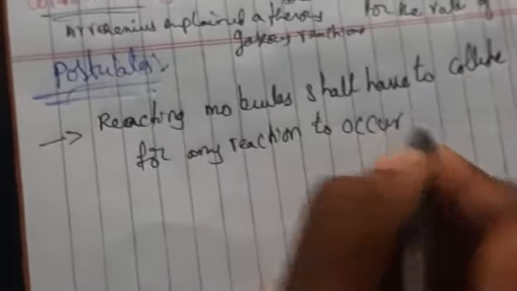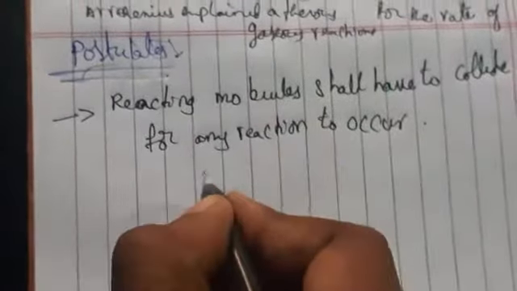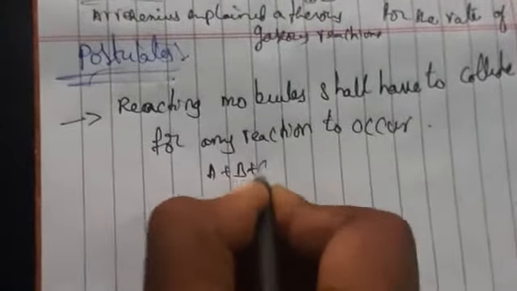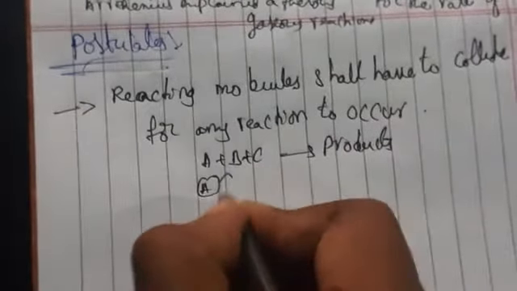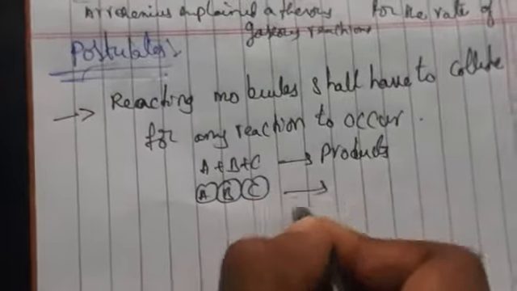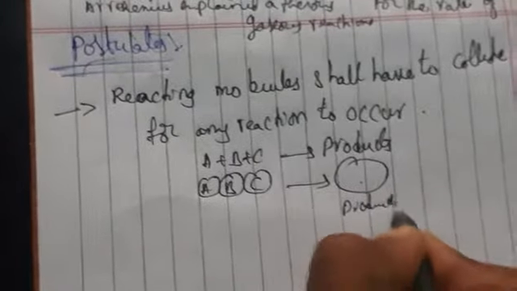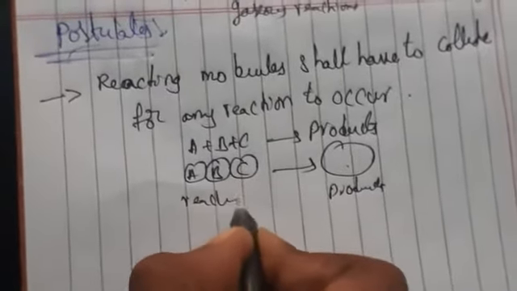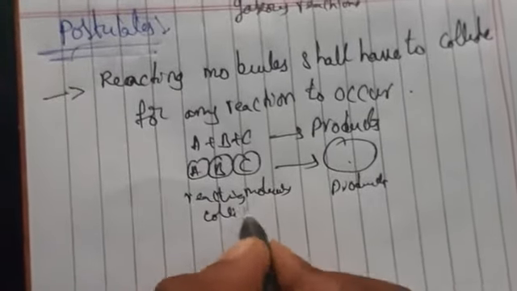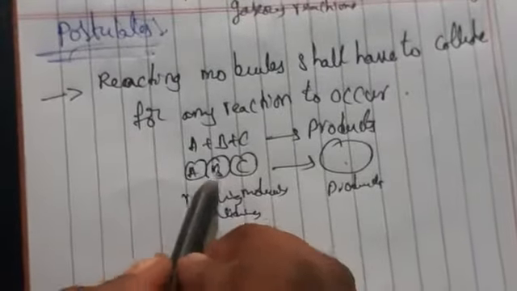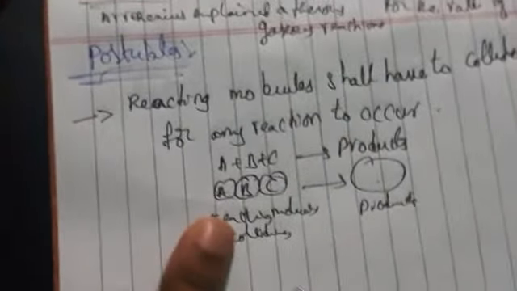What happens here? For example, A plus B plus C gives rise to products. A, B and C are the reacting molecules, and they are colliding. These three are colliding and forming a product. This is the first postulate.